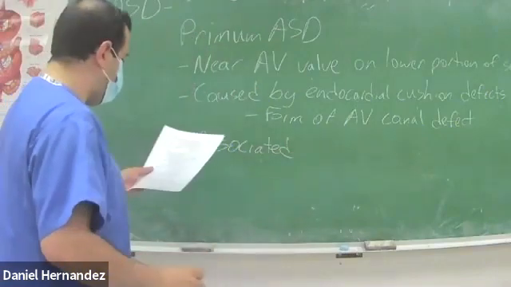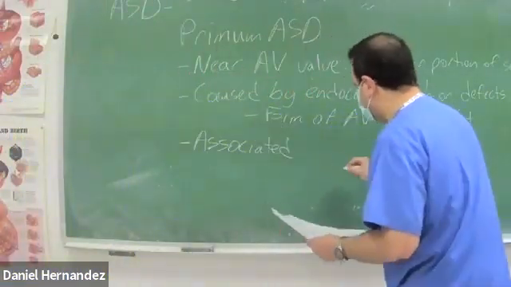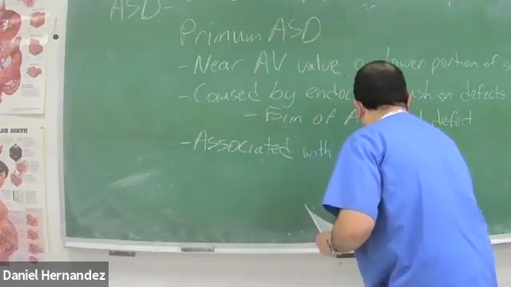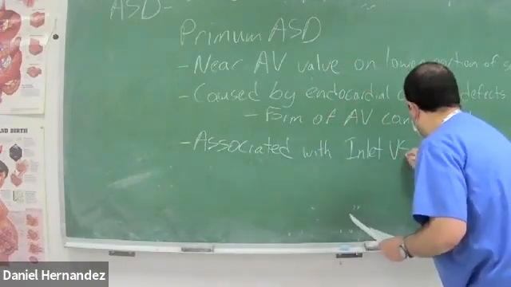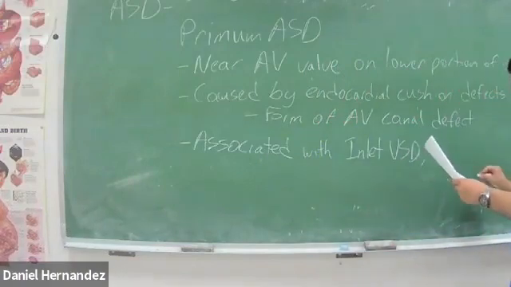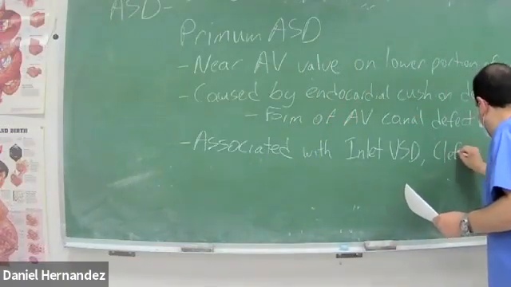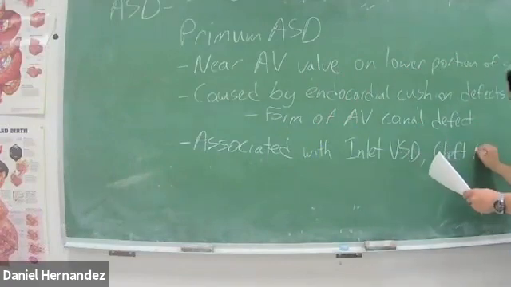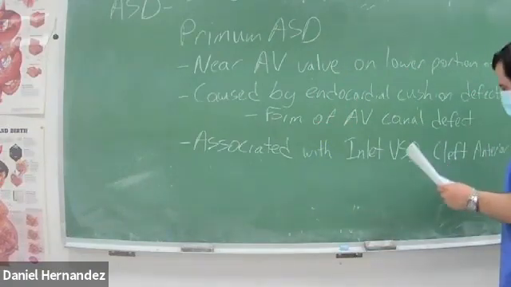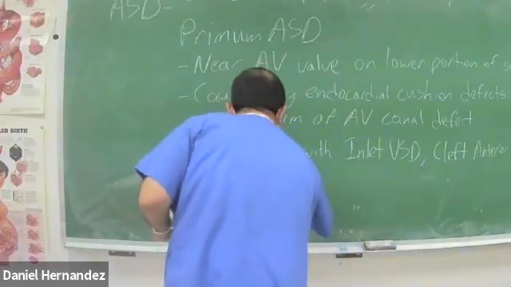So primum ASDs are associated with inlet VSDs, left anterior mitral valve leaflet abnormalities, and Down syndrome.